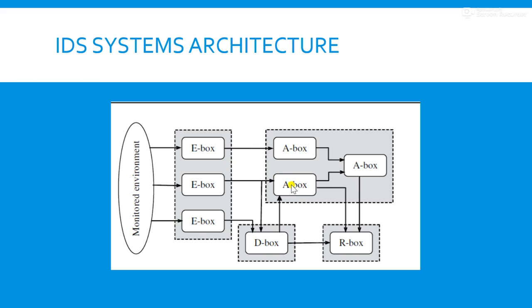Then we have A boxes, or analysis boxes, which are the processing modules for analyzing events and detecting potential hostile behavior, so that if they find any suspicious activity or hostile behavior on the network, then an alarm will be generated if necessary. And then we have R boxes, or response boxes. The main function of these boxes is execution: in case any intrusion occurs, what kind of response will be generated to prevent the detected threat.